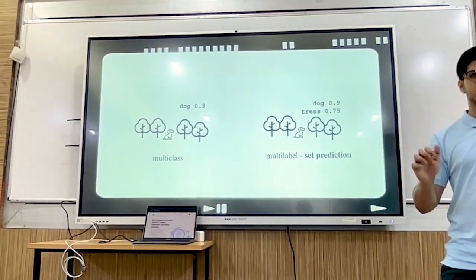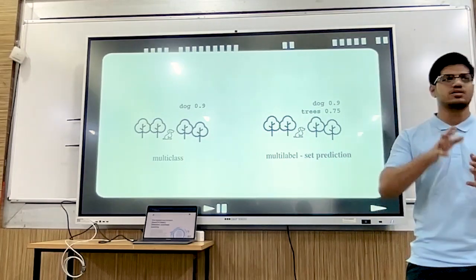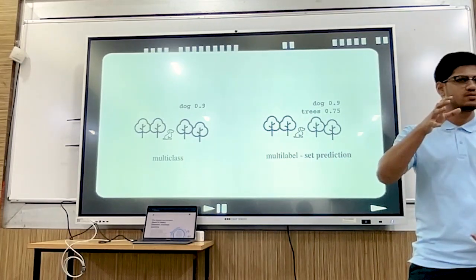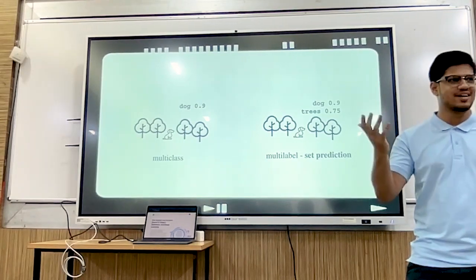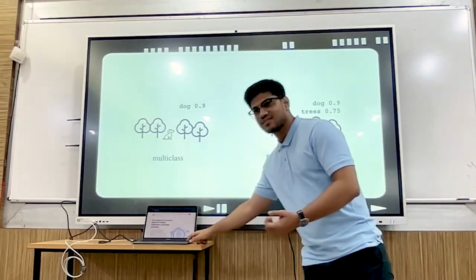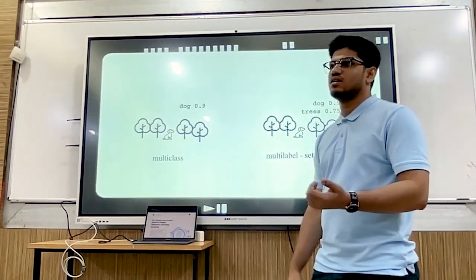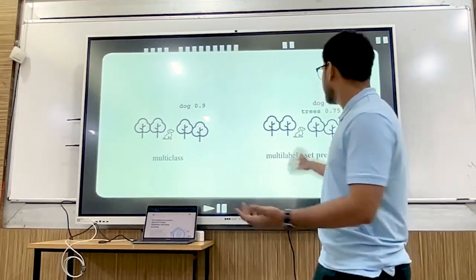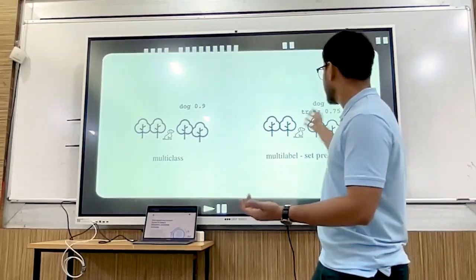Everyone's with me till this point? Good? Okay. So multi-label is a set prediction because there's a set of, this is the point where you tell me what I said. Guys, set of labels. Yeah, cool. So, is the number of outputs in multi-class one, and multi-label gives more? Yeah, multi-label will give you the probability of all of the labels.